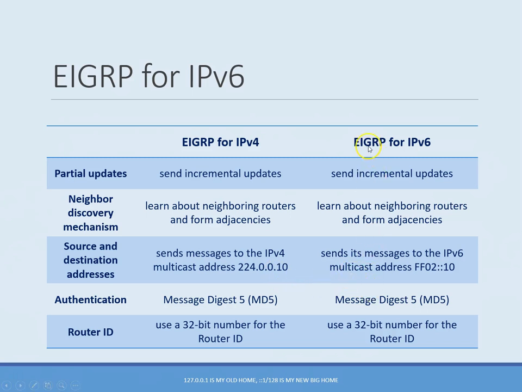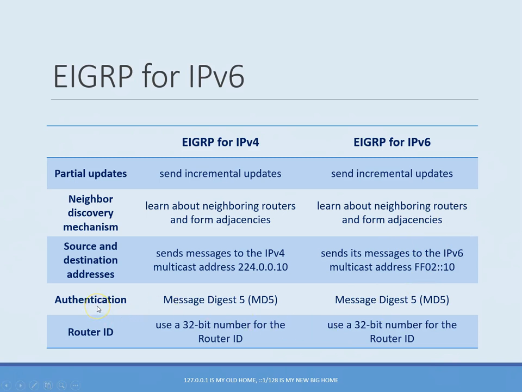And EIGRP for IPv6 sends the messages to the IPv6 multicast address FF02::A, which includes all the EIGRP routers in the same link, and the source address for the messages is the link-local address of the exit interface.